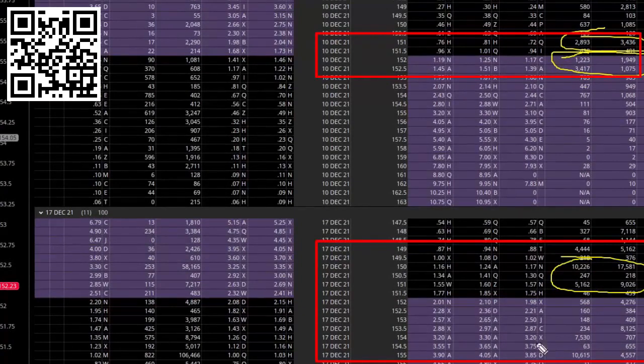It means that the 154 put, our swing long, is at about 60% profit. You could have bought it at $2, and it's at $3.20. So if you bought 10 contracts, you spent $2,000, and right now you have $3.2 thousand. That's $1.2K profit, very nice for one day of work.